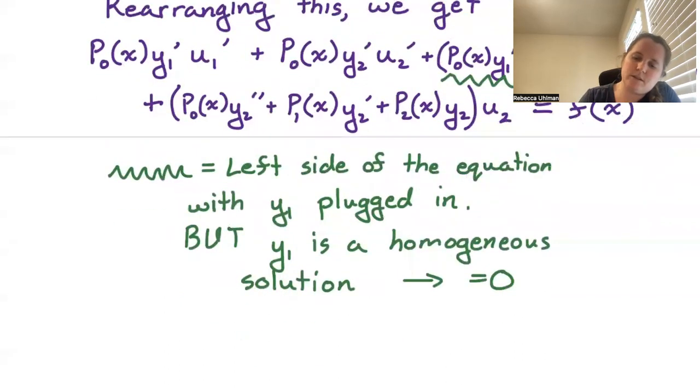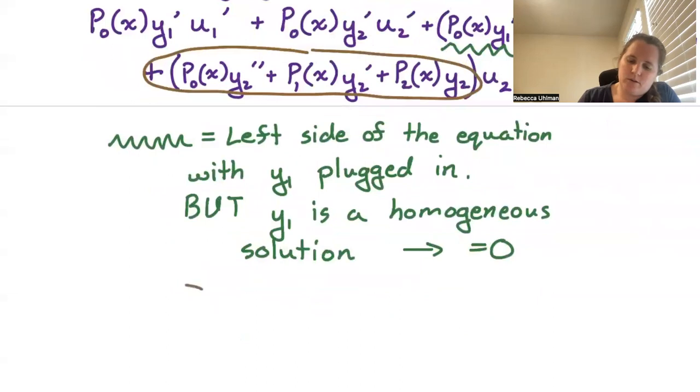The whole component multiplying u2, what I circled in brown, is the left side of the equation with y2 plugged in.